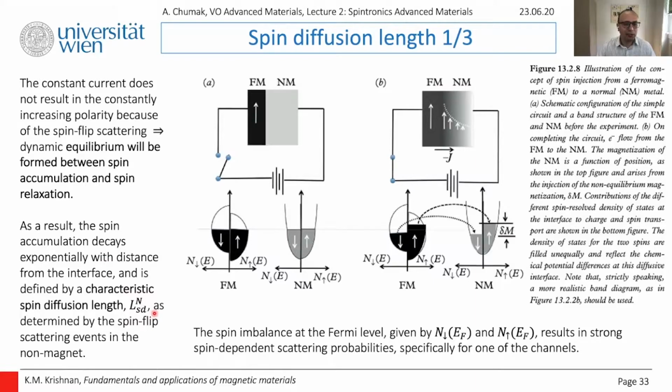Of course, you can have it defined differently with a different letter in different sources, but that's how it's done in this book. That's what I'm using. So spin diffusion length is nothing else than the 1 over e distance of spin polarization, the distance over which our spin polarized current propagates in the normal metal from the interface where it is injected.